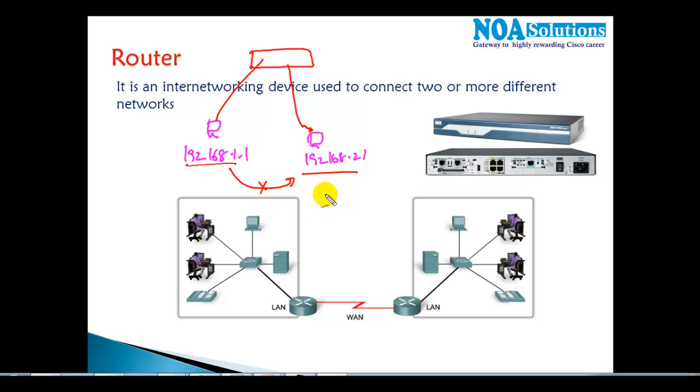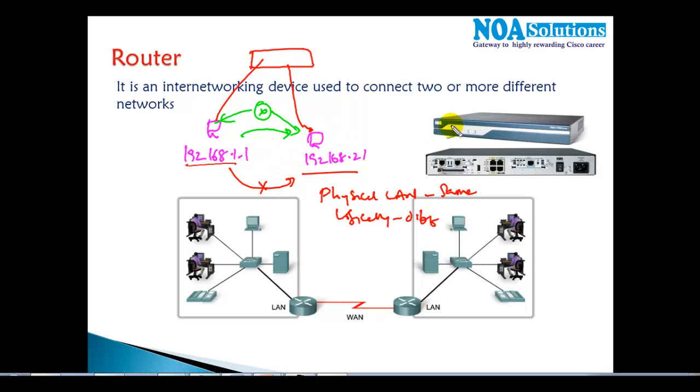They might be in the same physical LAN, but they are logically different networks. Even if you want communication between these 2 devices, we must need a router, and a routing process is required.